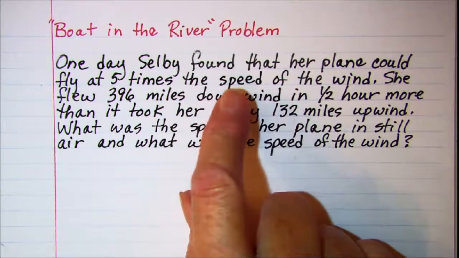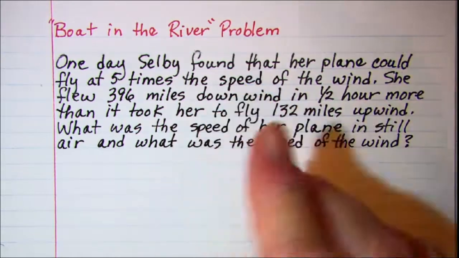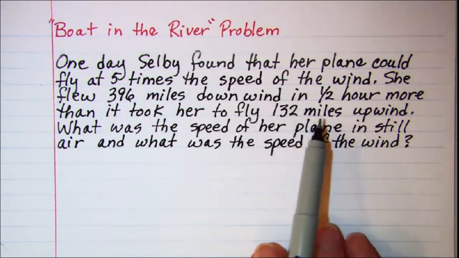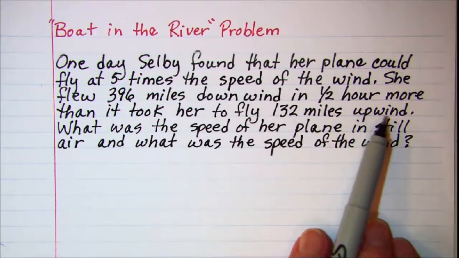So we have a plane in the wind now, but it acts the same way. The wind will speed her up when she's going downwind, and it'll slow her down when she's going against the wind, or upwind.